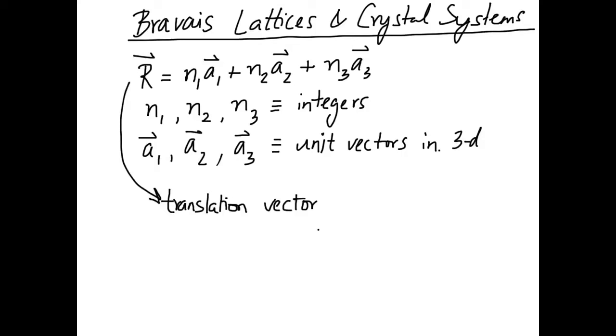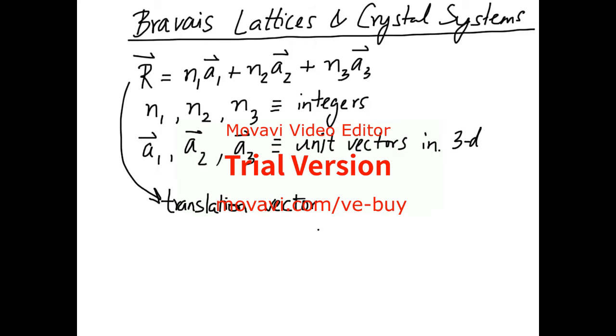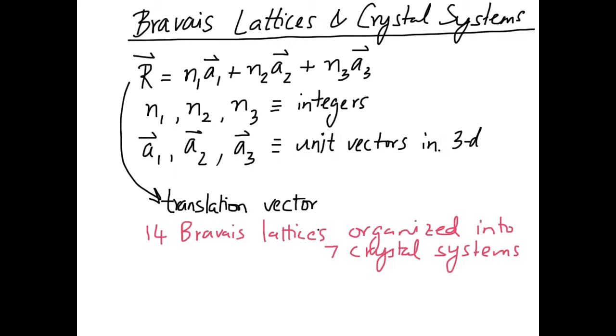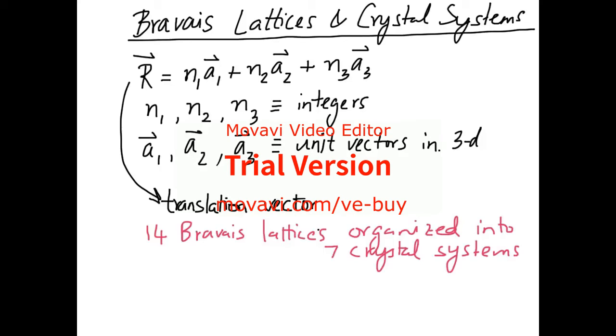It turns out that there are 14 distinct Bravais lattices one can imagine in three-dimensional space, which can all be organized into 7 crystal systems. We are now systematically going to look into the 14 Bravais lattices and the 7 crystal systems, and we'll try to understand what is different about these different cases.